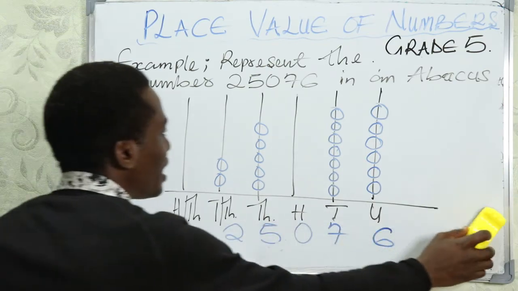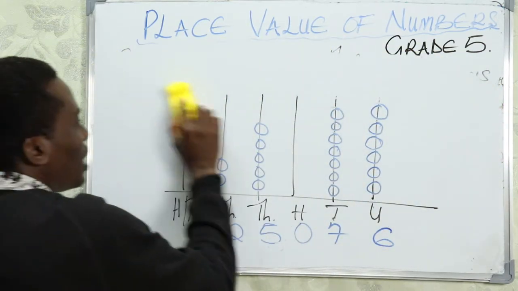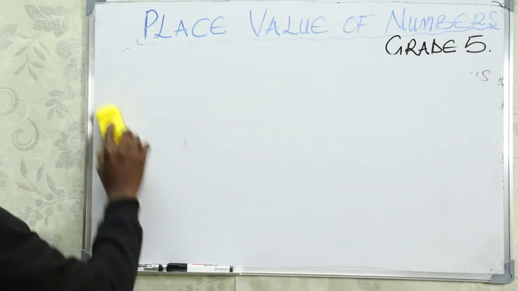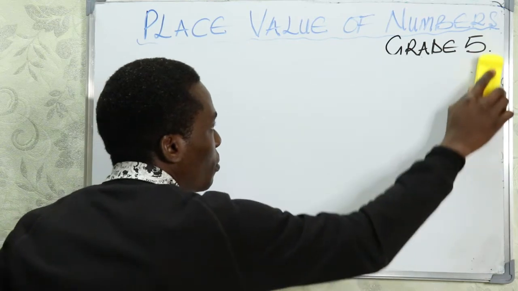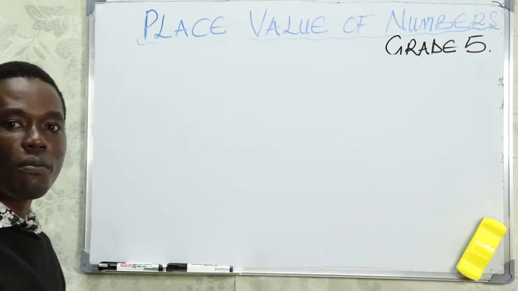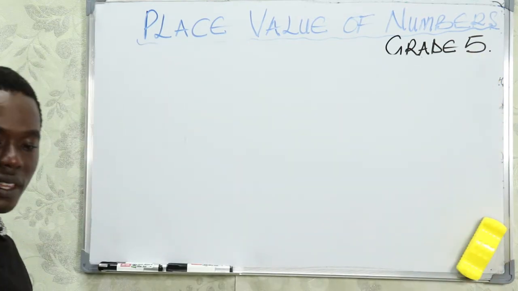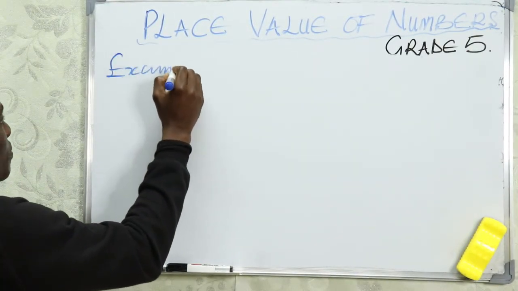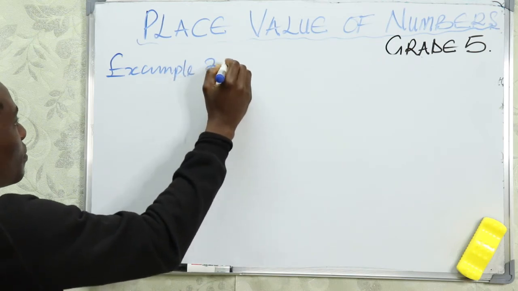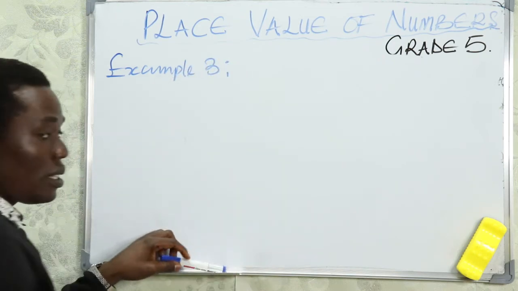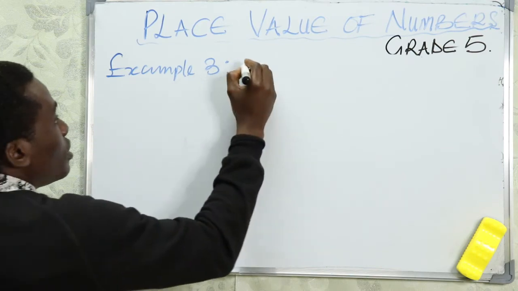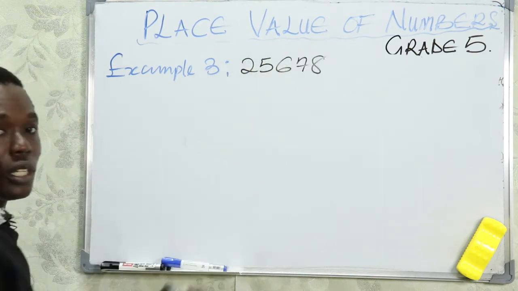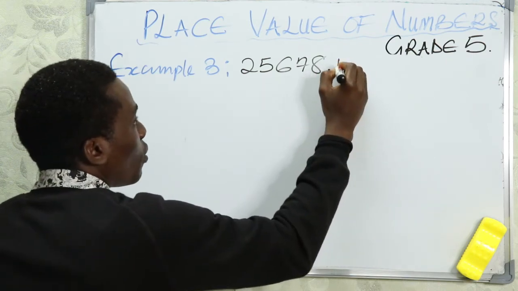Let's consider an example. Now let's look at example 3. In this example, I'm going to teach you how you can place numbers in their expanded form. Now let's assume we are given this number, 25678, including a decimal 1.